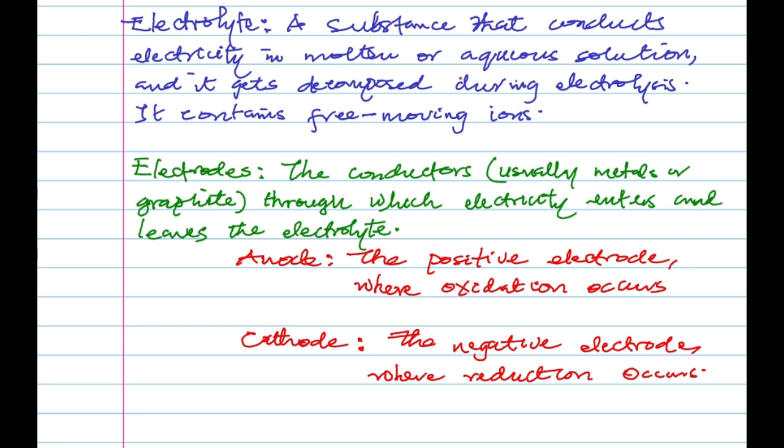Remember, oxidation is loss of electrons. So electrons leave the electrolyte through the anode. Cathode is a negative electrode where reduction occurs. Remember, reduction is gain of electrons. So it means electrons get into the electrolyte through the cathode.